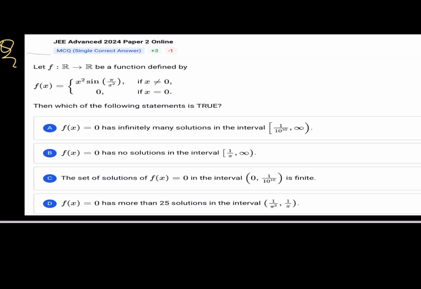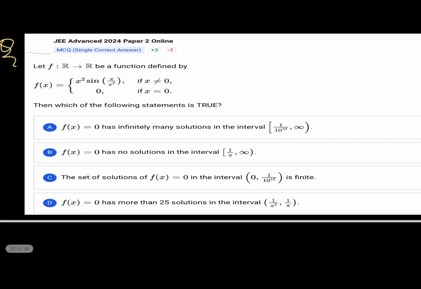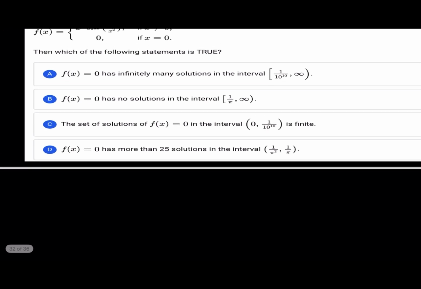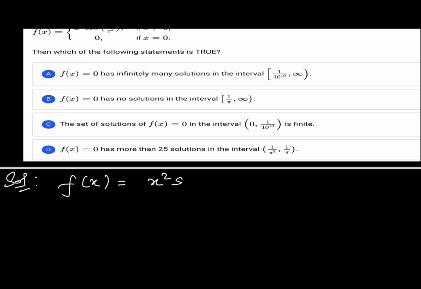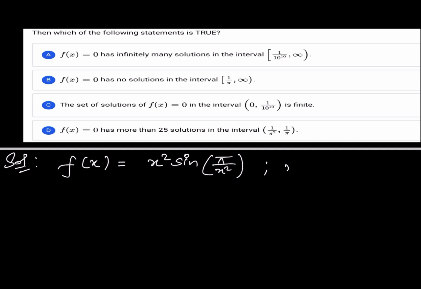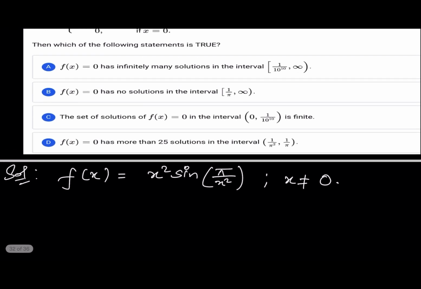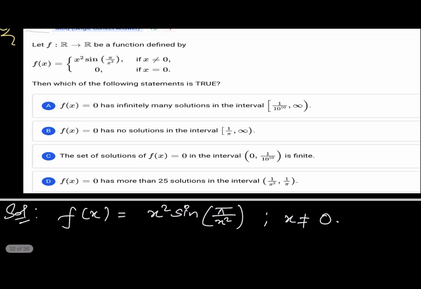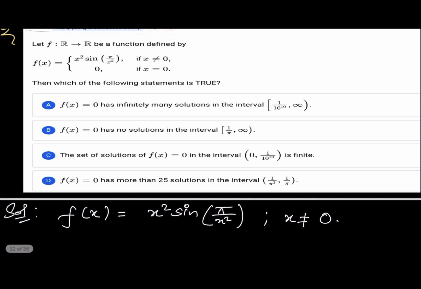So let's proceed accordingly. We are given f(x) is x² sin(π/x²) if x is not equal to 0. The options are given in terms of f(x) equal to 0.